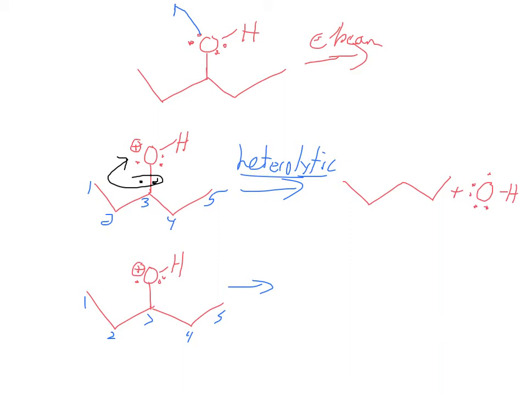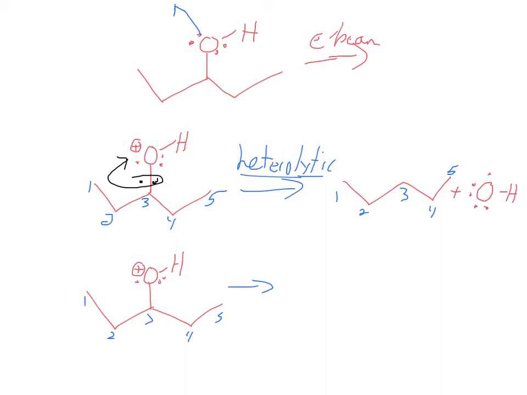Number my carbons: 1, 2, 3, 4, 5. Notice how many electrons are on the oxygen? It had 2, and it had the 1, and then it got 2 more, so it's 5, but then it also has 1 in that bond. How many valence electrons does oxygen have? 6. So does it have all of its valence electrons here?